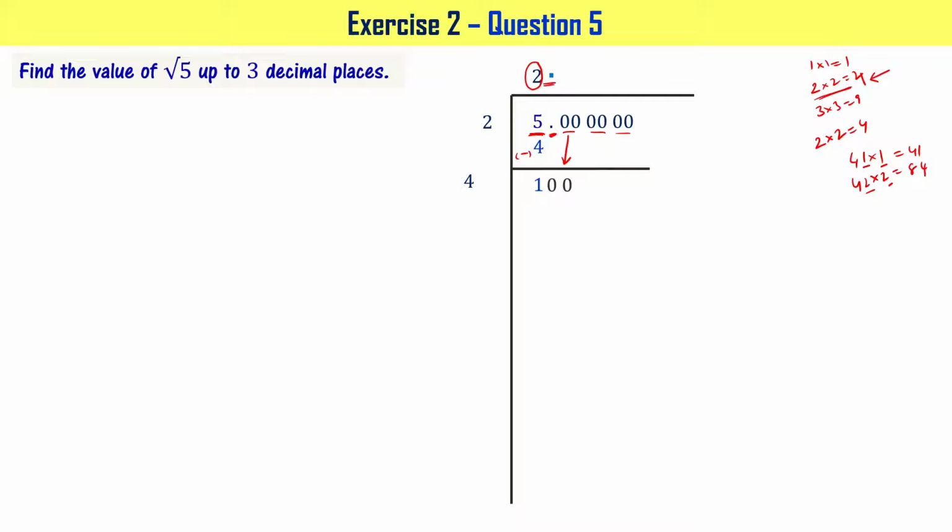That's why we say 42 times 2 is 84. We want to make use of that. It means I have to write 2 here and 2 here, right? Now 42 times 2 is 84. Let's subtract 84 from 100. When you do that, you get 16, right? Now bring another pair of zeros down so that 16 becomes 1600 now, right?